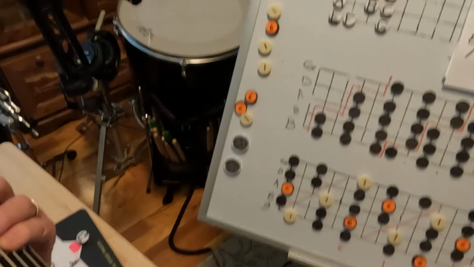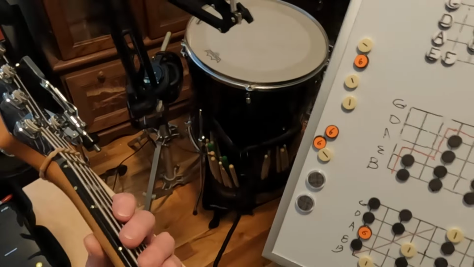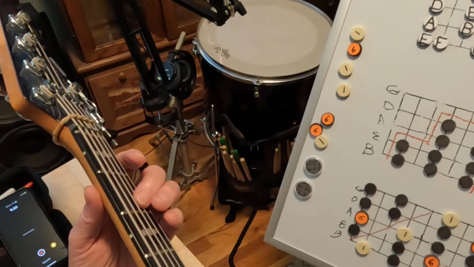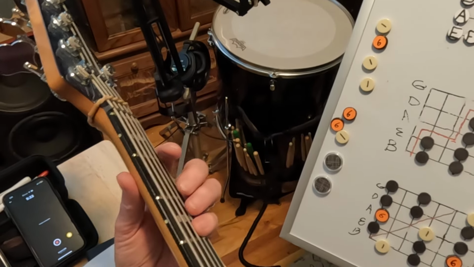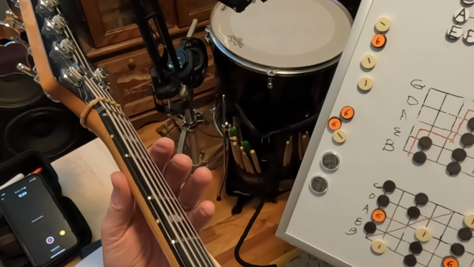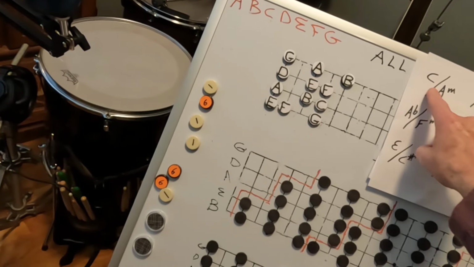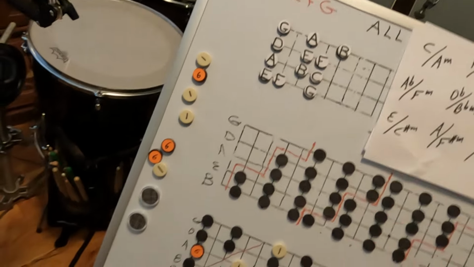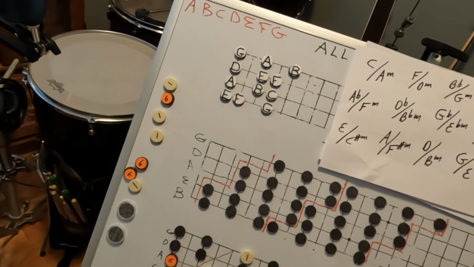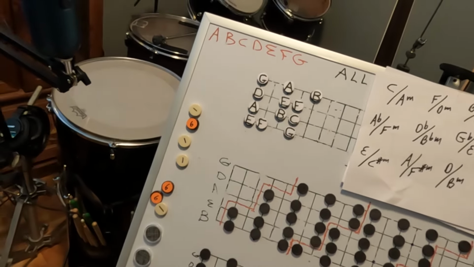You've also got the A minor scale, if you start on the A, because C and A minor are relatives. C major and A minor are the relatives, major and minor, to each other. All right.